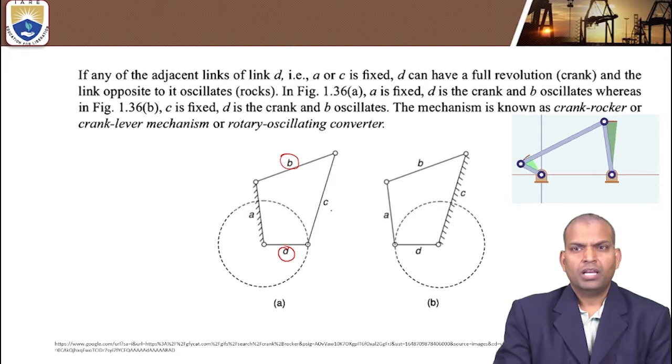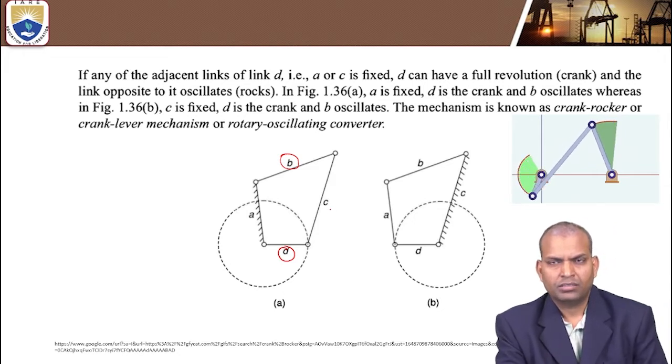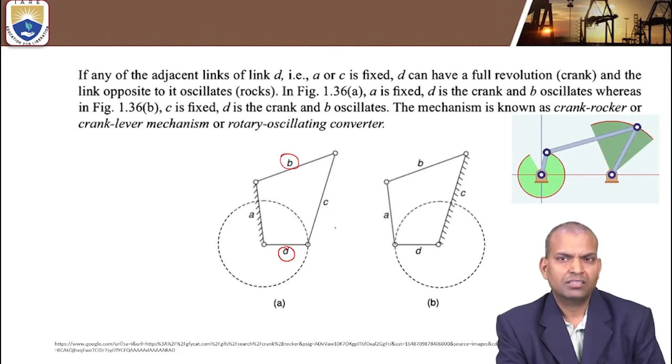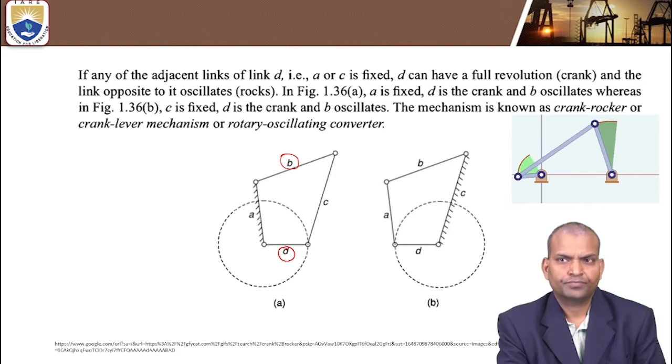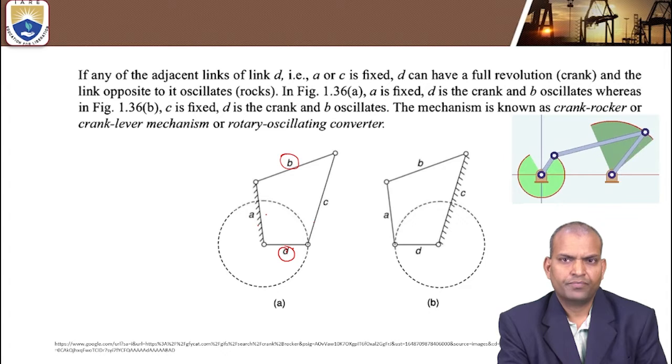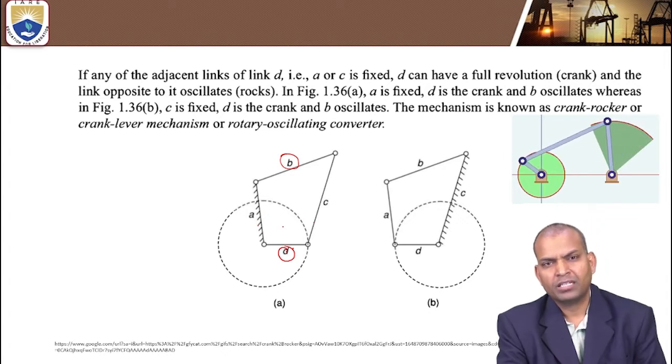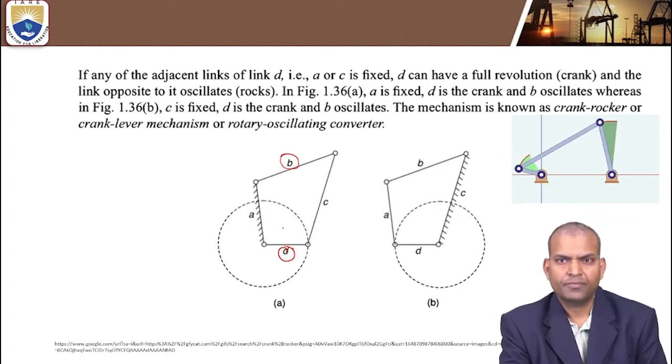Now, very important, as I discussed just now, a 4-bar chain. Suppose link D is the shortest link, and beside the shortest link there are two links: D is beside A and D is also beside C. If either A or C is fixed, suppose A is fixed, then what type of mechanism is obtained?